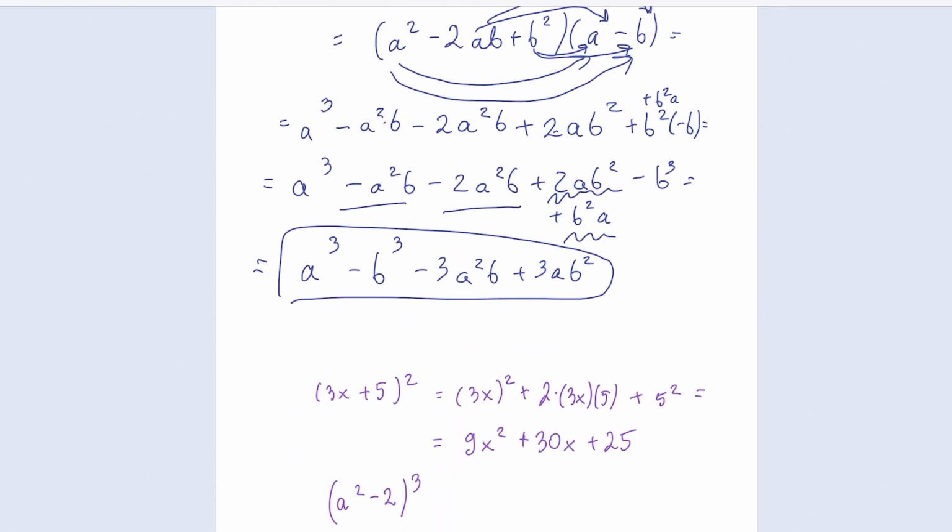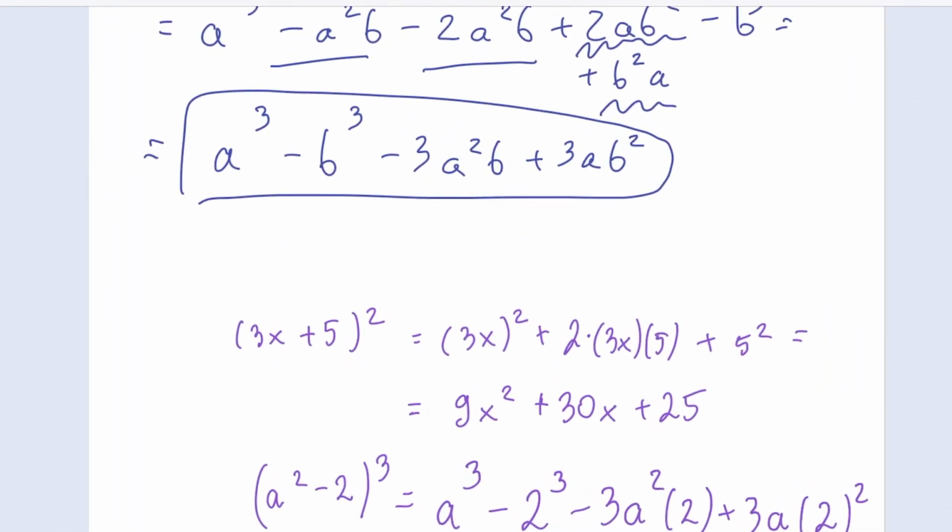So in this case, we'll end up with a to the power of 3 minus b to the power of 3, so that's minus 2 to the power of 3, minus 3 times a is a, and b is 2, and then plus 3 times a times b squared, and b is 2. Alright, so now if we figure it out, we'll have a to the power of 3 minus 8 minus 6a squared plus 12a.